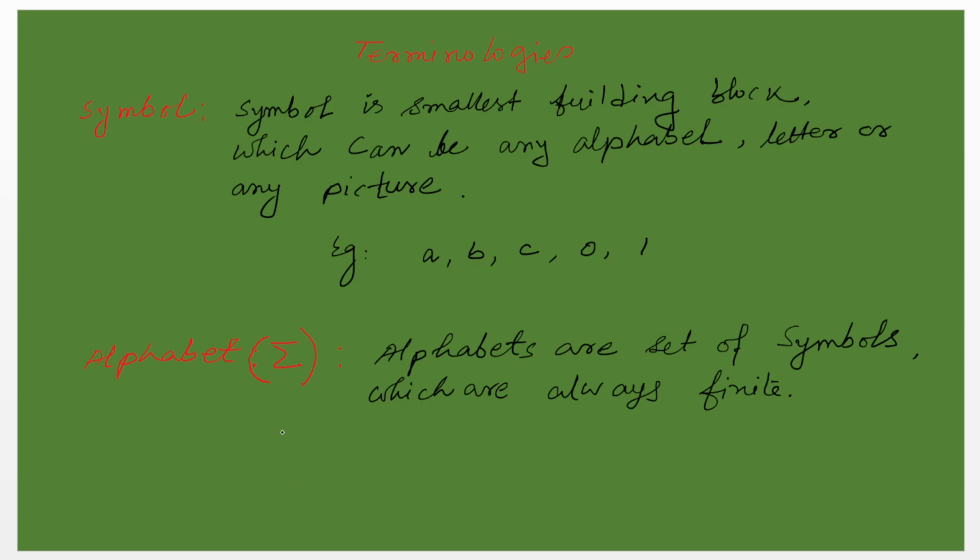Example, suppose sigma is equal to {0, 1}. So it is basically an alphabet of binary digits. Similarly, we can write the alphabet {0, 1, up to 9}. What is this?